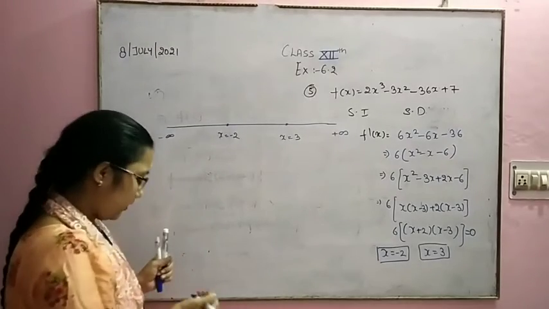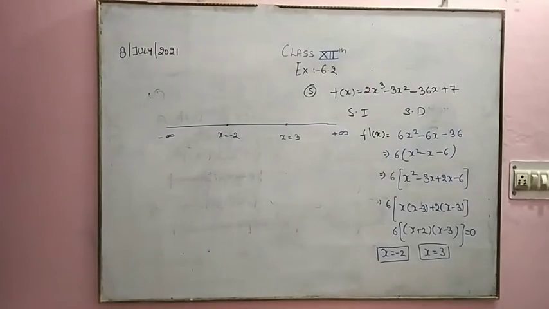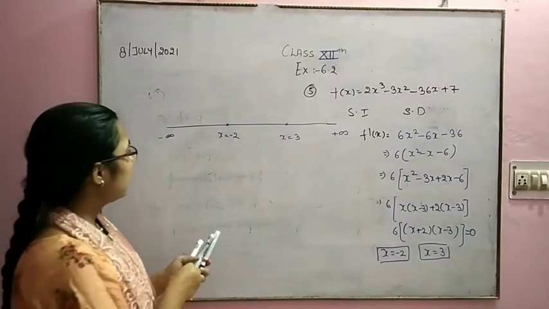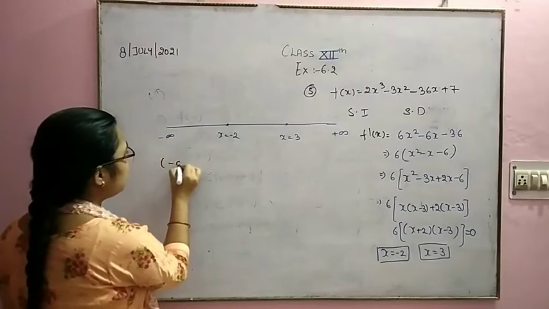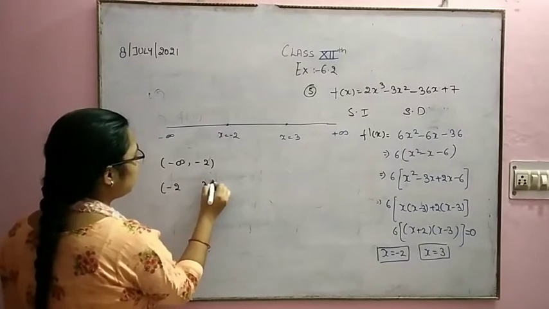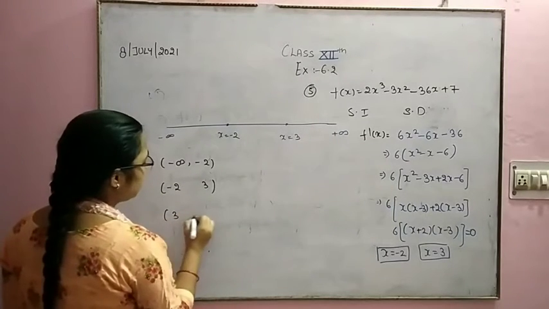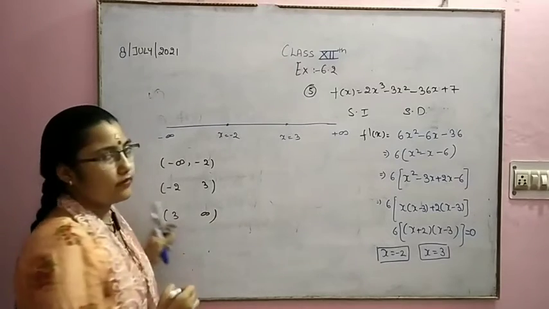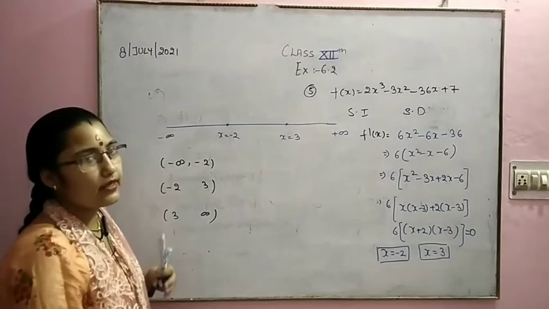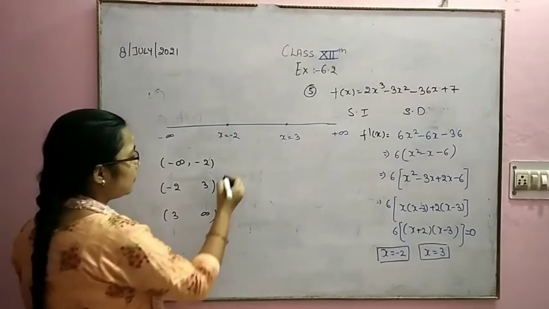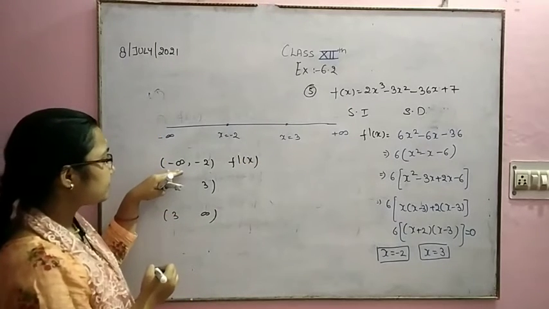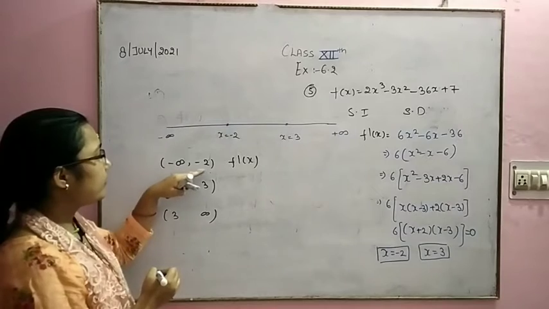So we have three intervals here. First is minus infinity to minus 2. Second is minus 2 to 3. And third is 3 to positive infinity. One by one we have to find at which interval the function is increasing and at which it is decreasing. So we have to check f dash x for the given intervals. Firstly, we check minus infinity to minus 2.